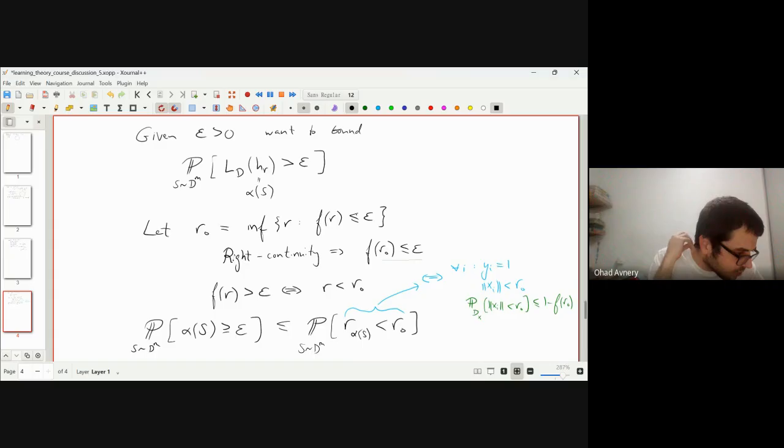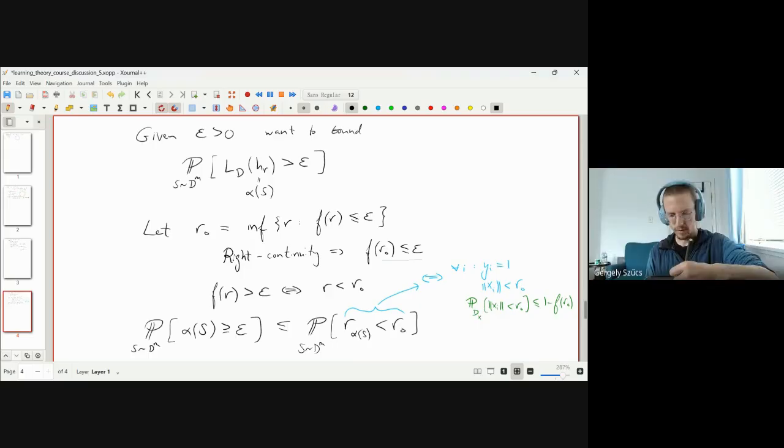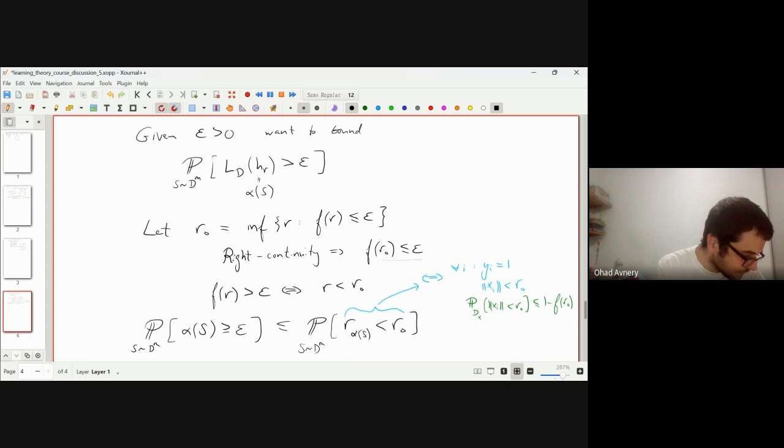Okay, I'm not sure how the directions work out. I do know that in the case that f is continuous, then it all works out because f of r0 is exactly epsilon, I think.